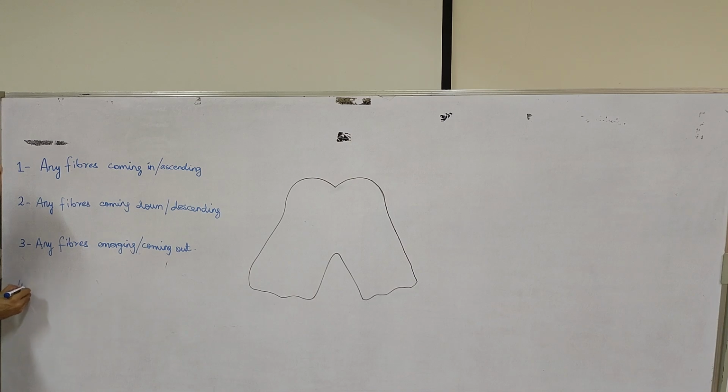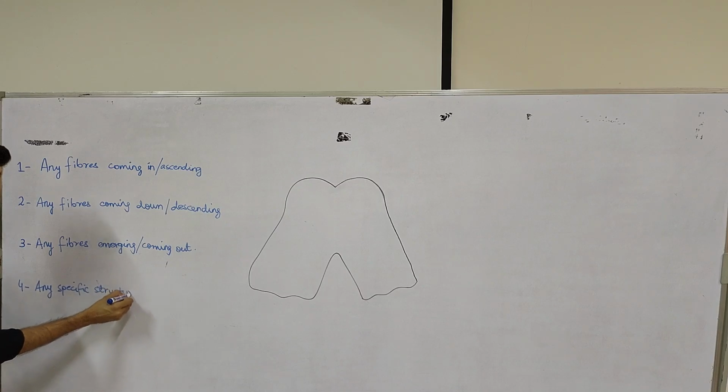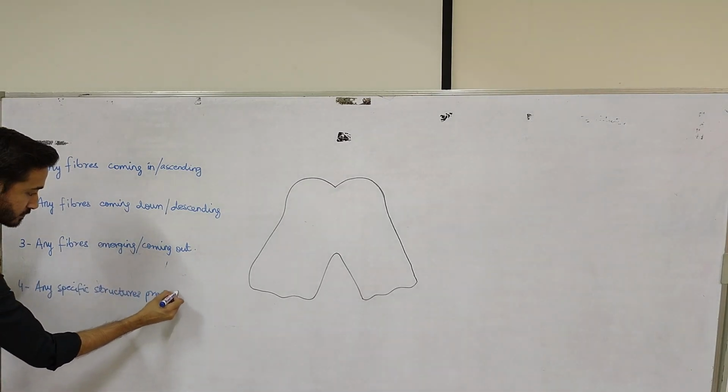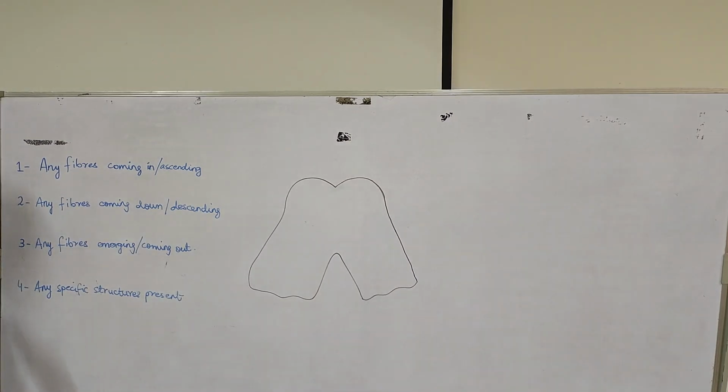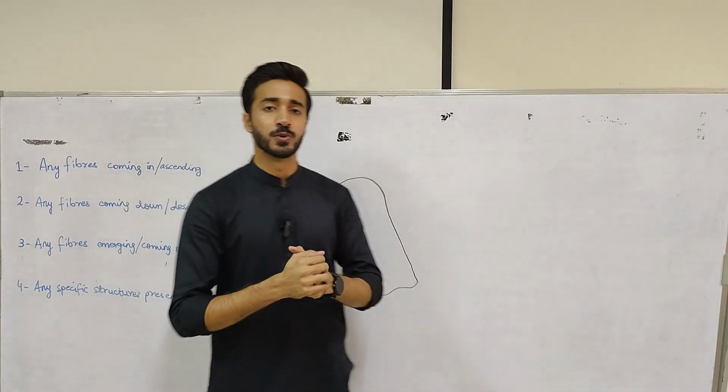Then we have a fourth thing that might be considered in some cross sections, and that's any specific structures present.